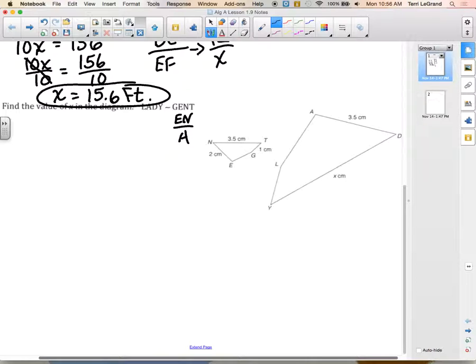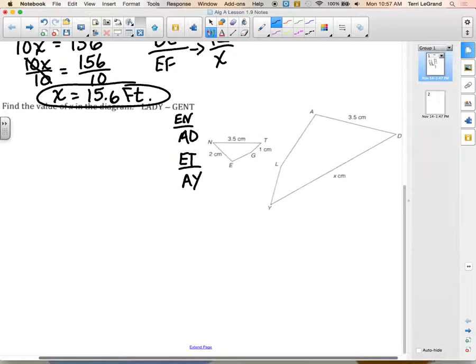Okay, everybody see how we're making that decision? EN are the middle two letters of gent, so we need the middle two letters of lady. Another one that you can set up is ET over what? What would ET correspond with? AY.